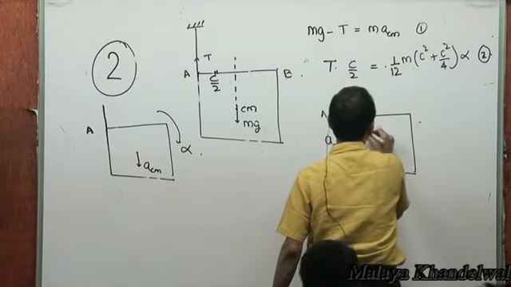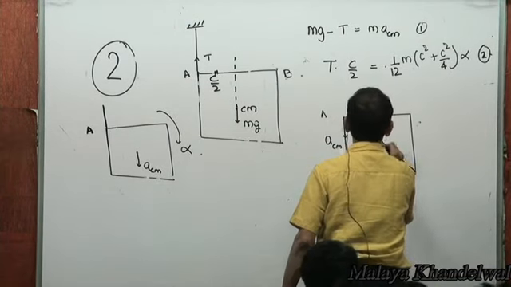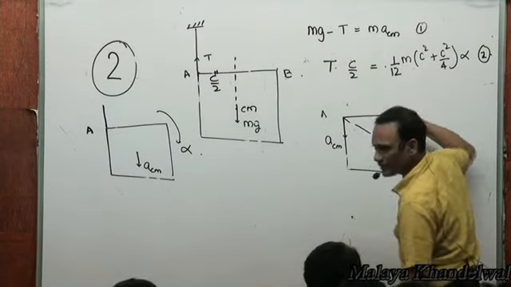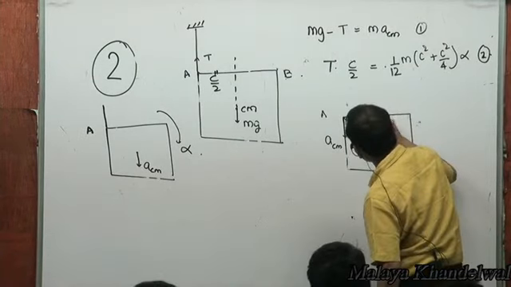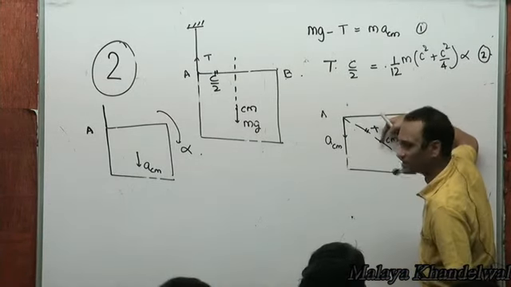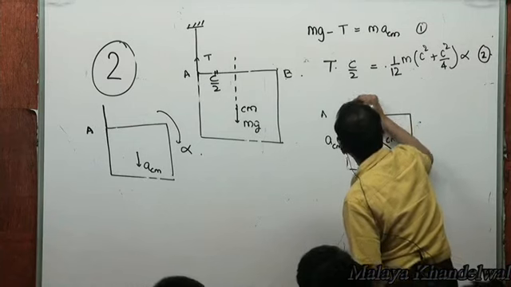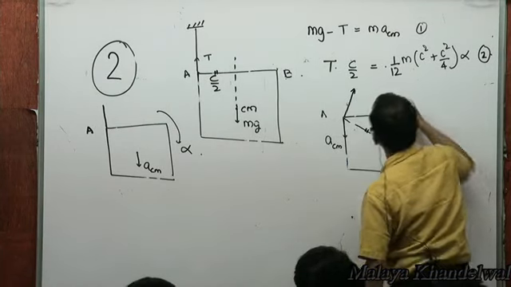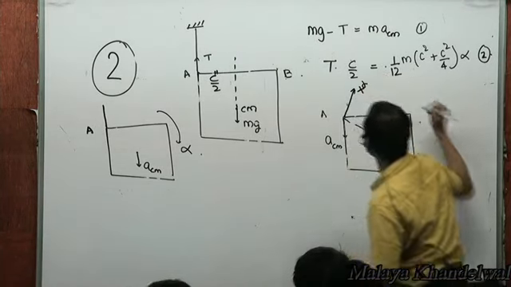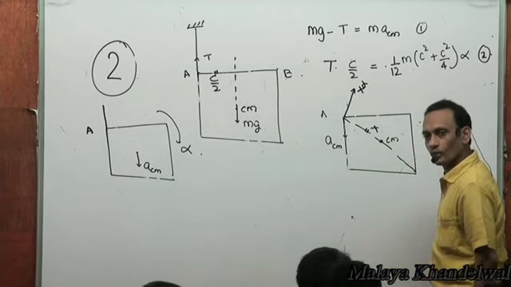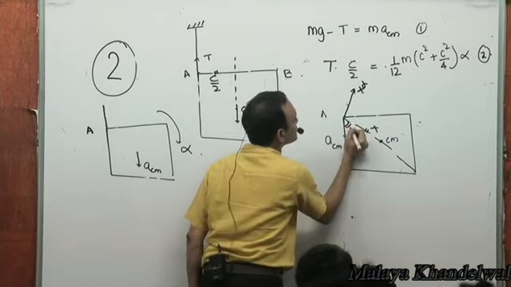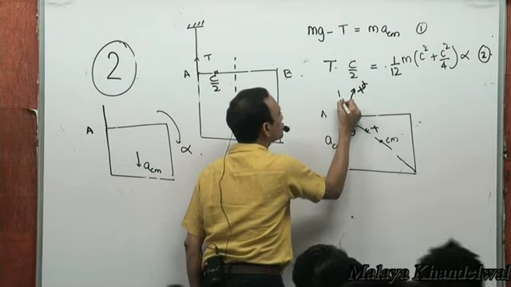Imagine it to be in a state of pure rotation about the center of mass. Suppose this length is x, the distance between A and the center of mass. Then it will have an acceleration perpendicular to this diagonal equal to x alpha like this. Yes or no? Say this angle is theta, which we have computed. Tan theta is 2.